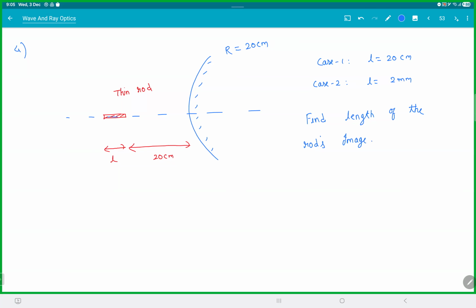Now, one good thing about ray optics, right? If there is a certain technique we used in mirrors, the same technique will be applied in lenses also. The techniques will be the same. The formulas will keep changing though. So there, in the first case, the length of the rod is comparable to the radius. Second thing, it is too small. So two different questions. How do you handle them?